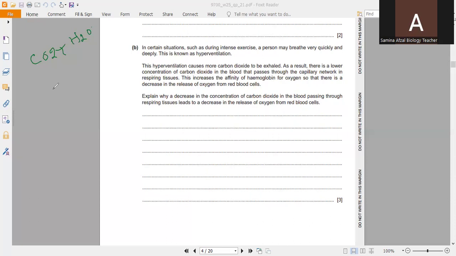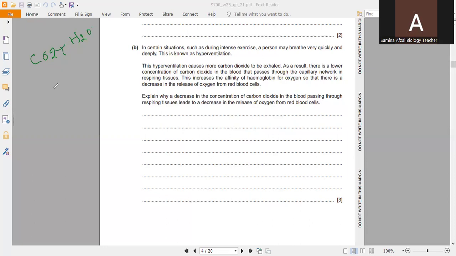So when carbon dioxide levels are low, this reaction shifts to the left. Consequently, fewer hydrogen ions are produced in the red blood cell. Hydrogen ions normally compete with oxygen for binding sites on hemoglobin. When hydrogen binds to hemoglobin, it forms haemoglobinic acid, which reduces hemoglobin's affinity for oxygen and causes it to release oxygen.